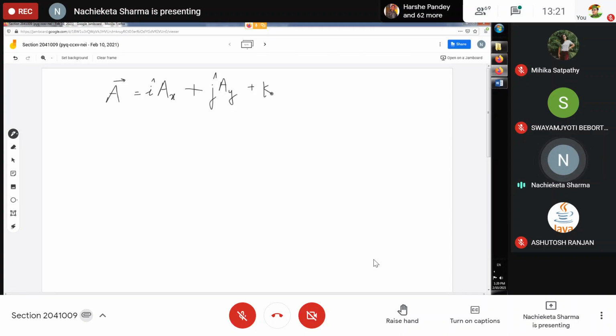So there are two vectors. Similarly, I have got another vector B, and I can write my B as I cap BX plus J cap BY plus K cap BZ.